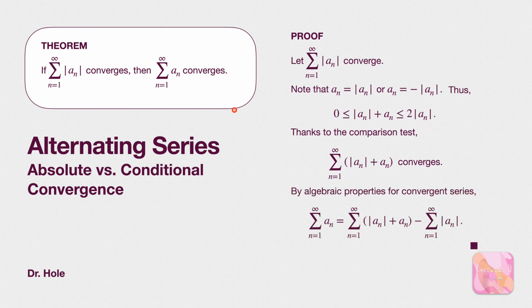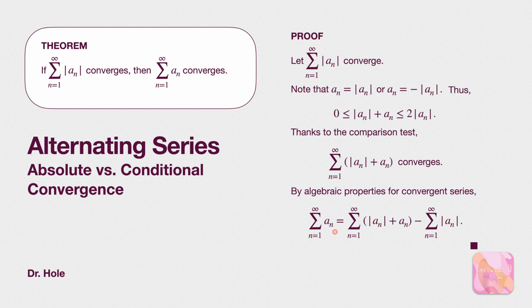What are we trying to establish? We want to show that the series converges. If we look at the series, it's the sum of the ANs. To each AN, add 0, you'll still have AN. Add to AN 0 in the form of the absolute of AN minus the absolute of AN.